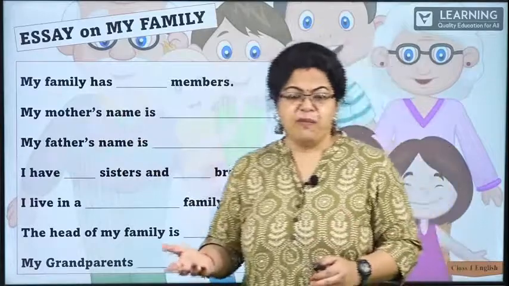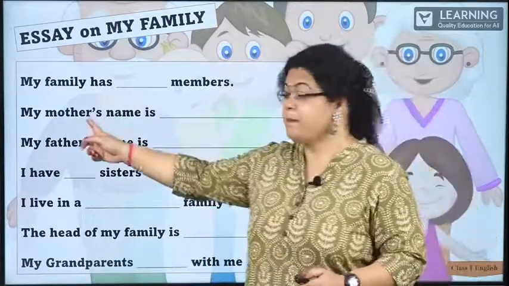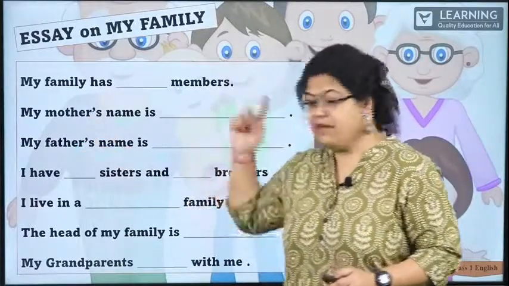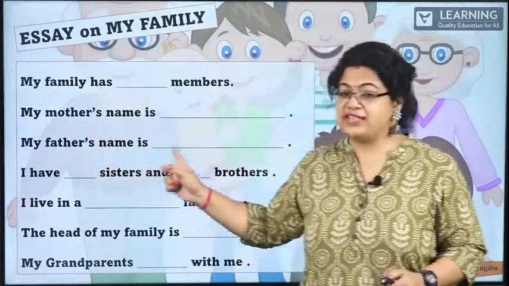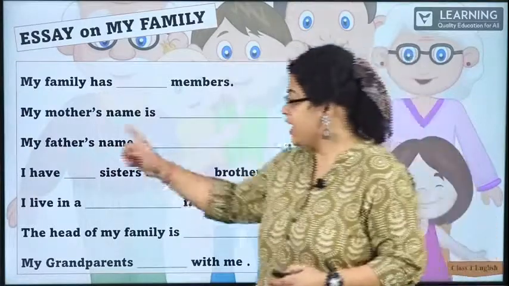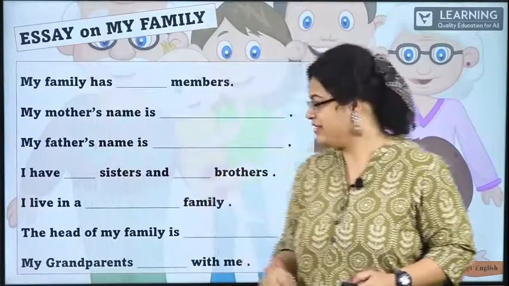You may call your mother ma or mummy, but when you're writing, it has to be mother's name and not mummy's name. Okay? Same thing goes with father. My father's name is. It's not my papa's name or my daddy's name. So yes, my father's name. So children, please remember this.